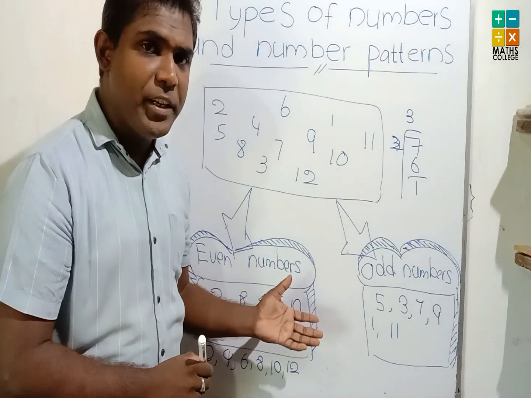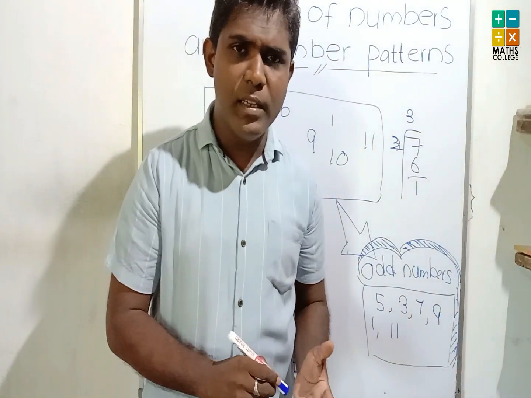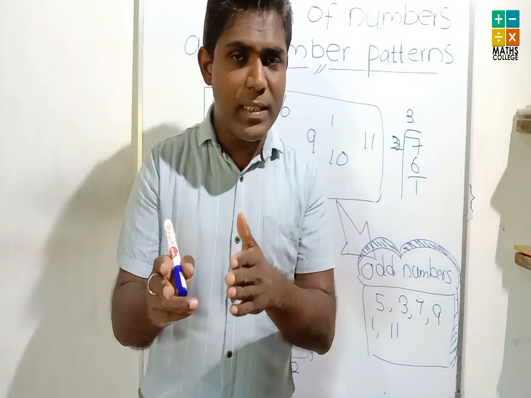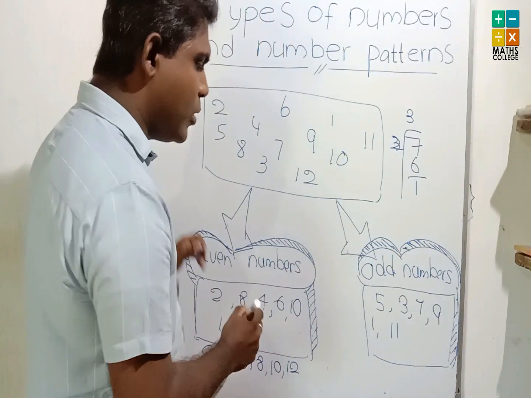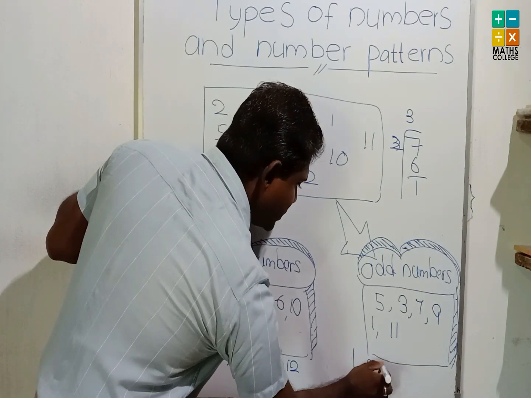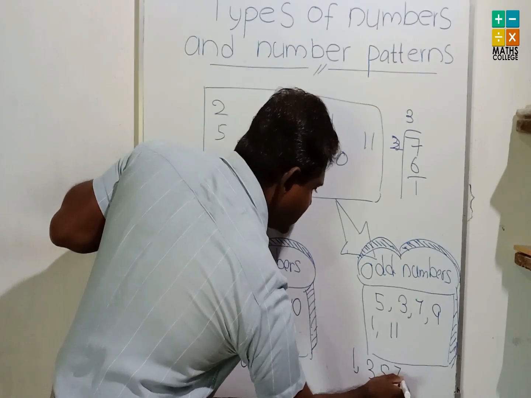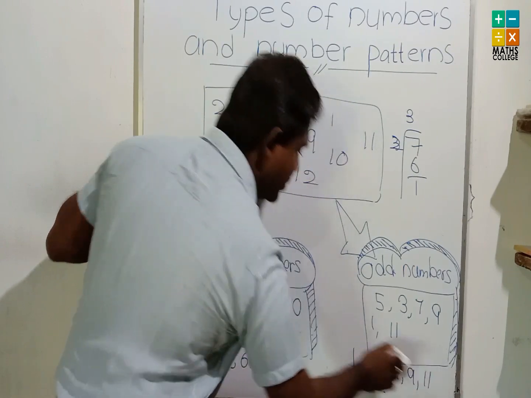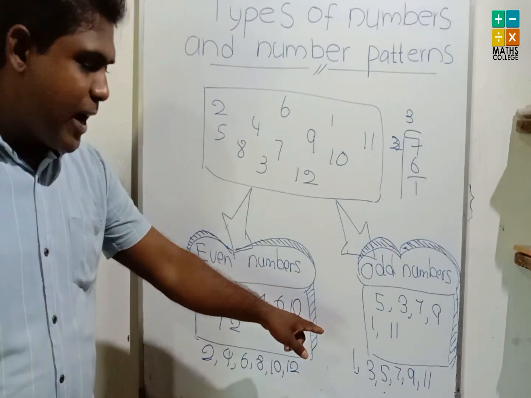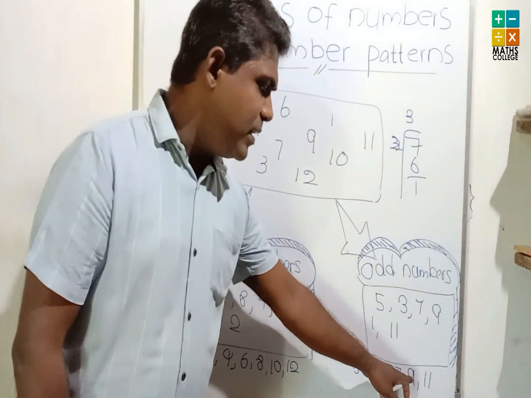When arranging in ascending order, what does ascending order mean? Smallest to biggest. What is the smallest one here? Yes, 1. Then 1, 3, 5, 7, 9 and 11.